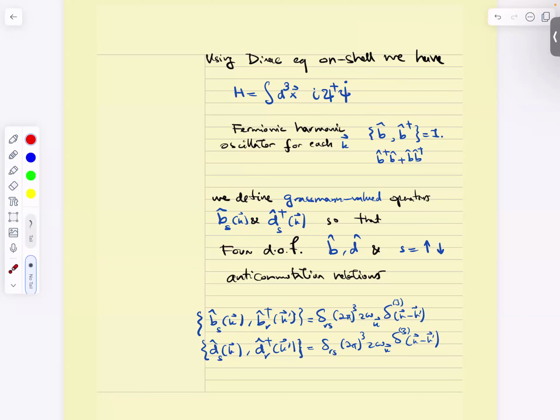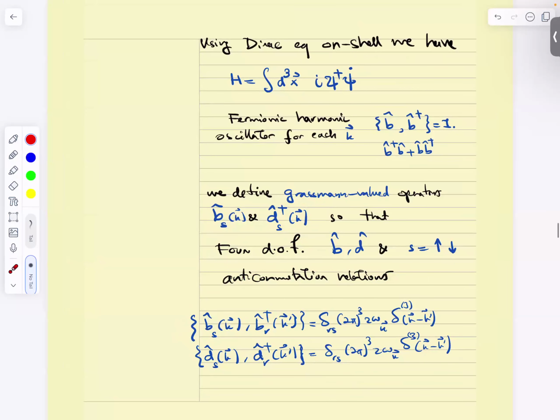The left movers, right movers, and the dimensionality of each of the modes had to do with spin. These were spin half modes. So you have the B_s, where s runs over up and down. This is the spin of the mode. And then d_s, which also runs over up and down. And they have to satisfy these anti-commutation relations, as you would expect.